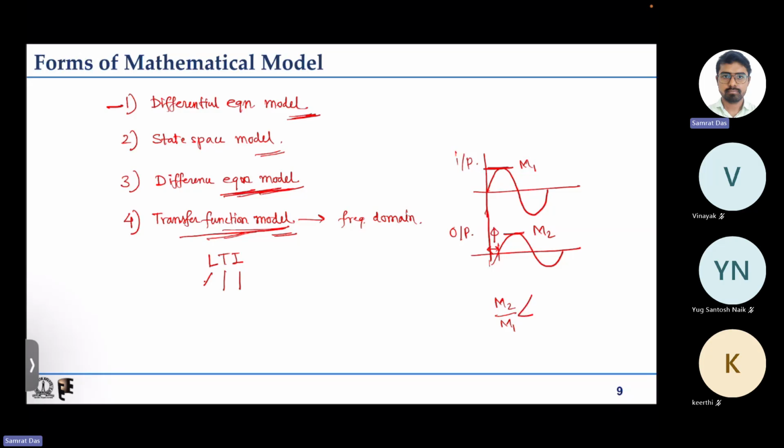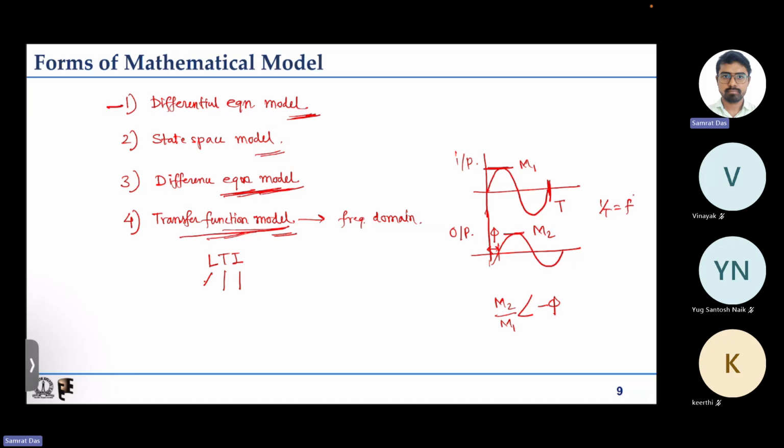Then it has some minus phi as the phase delay. So this is basically the gain and phase relation of a linear time invariant system in a transfer function model. Because the frequency is what, so in this case it has some time period, and 1 by T is basically frequency.